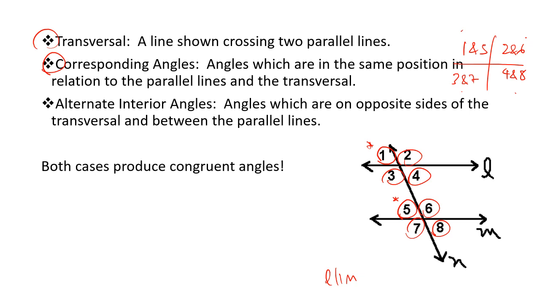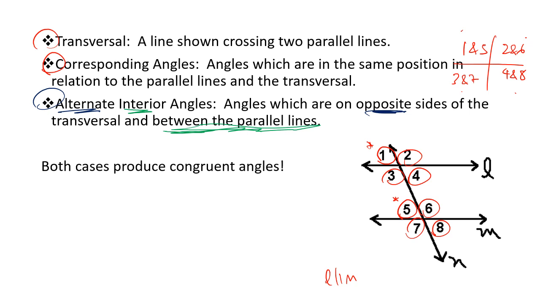I'll switch to blue. We also have alternate interior angles. Now, the alternate means that they are on opposite sides of the transversal. So alternate relates to this. And then I'll do this in green. The interior means they are between the parallel lines. So we've got two different terms that mean two different things. The alternate deals with what side of the transversal.